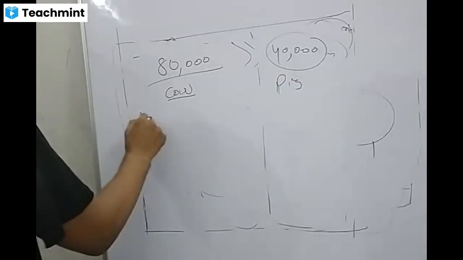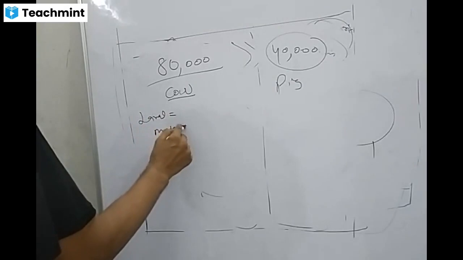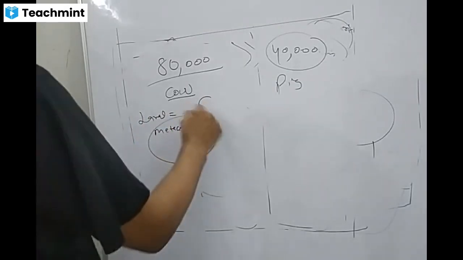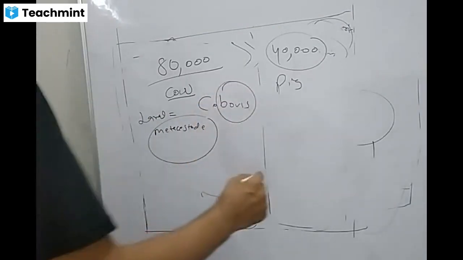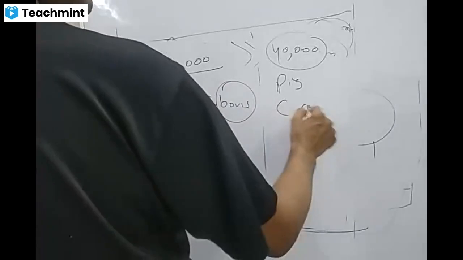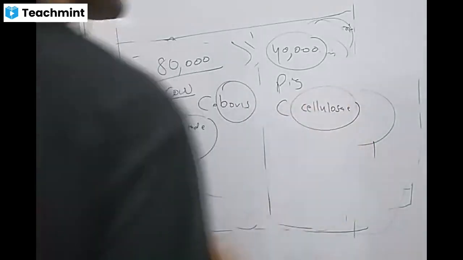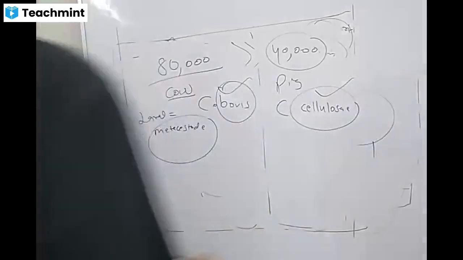And the larval stage is called cysticercus. Because there is cow, we call it bovis. And in case of pig, this is known as cellulosae. So Cysticercus bovis, Cysticercus cellulosae.